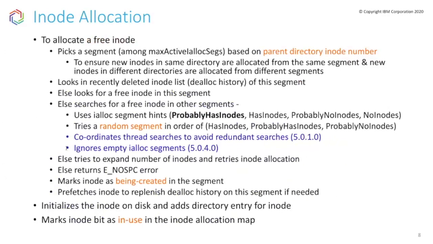So you have to start by allocating an Inode when you create a file, and this slide is about how that process works. To allocate a free Inode, first the node has to pick a segment from which to do the allocation. One obvious candidate is that the segment has to be for the independent fileset in which the Inode is being created.